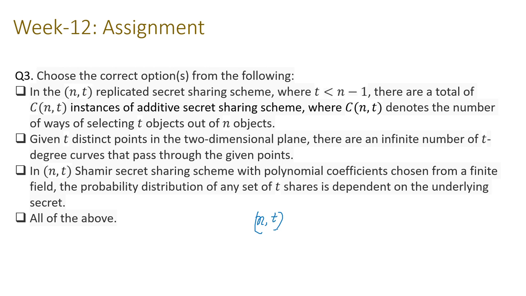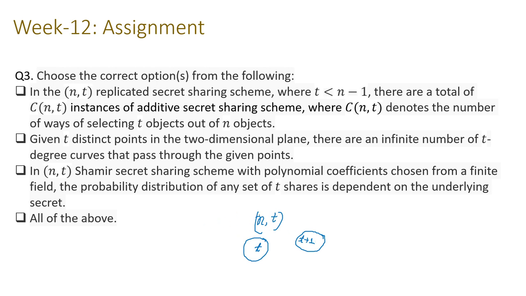I think in the lecture when they say n, T replicated sharing, how do you reconstruct the secret? For that, whether T shares are necessary or T plus 1 shares are necessary, there are two different terminologies actually.